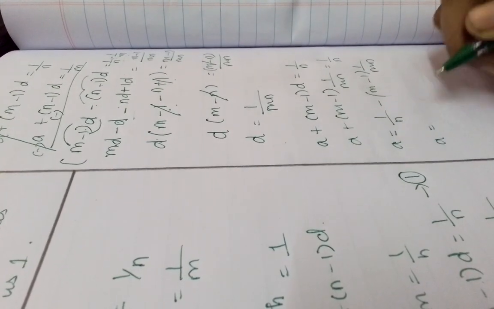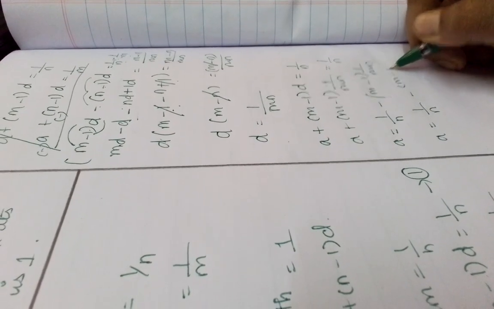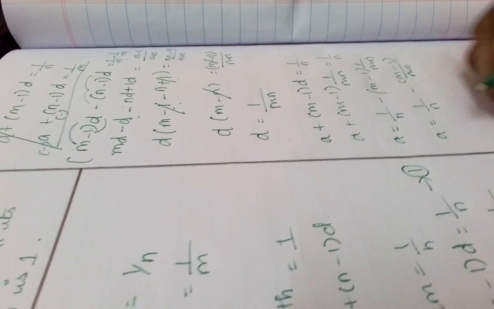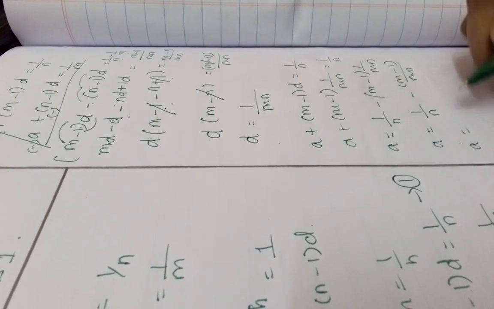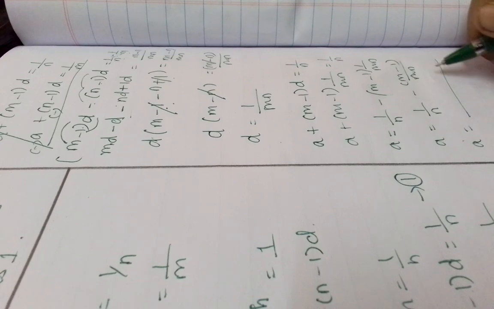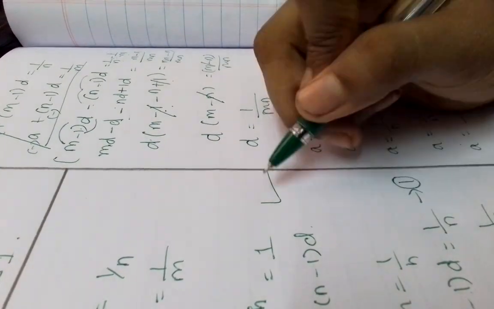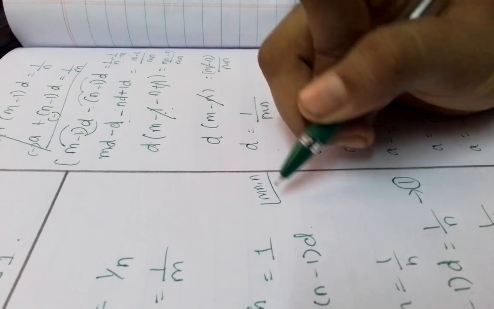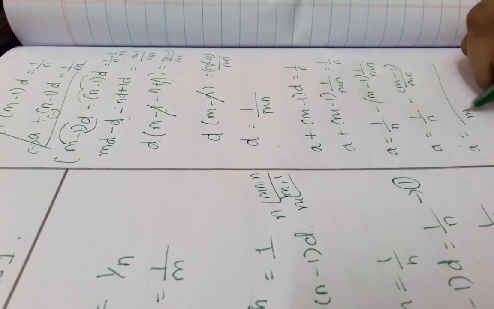Yeah, so a is equal to 1 by n minus (m minus 1) divided by mn. I can write it like that because 1 into anything is the same number. So a will be equal to, take the LCM, let's see how to take the LCM: mn and n. n into m, so mn is the LCM.